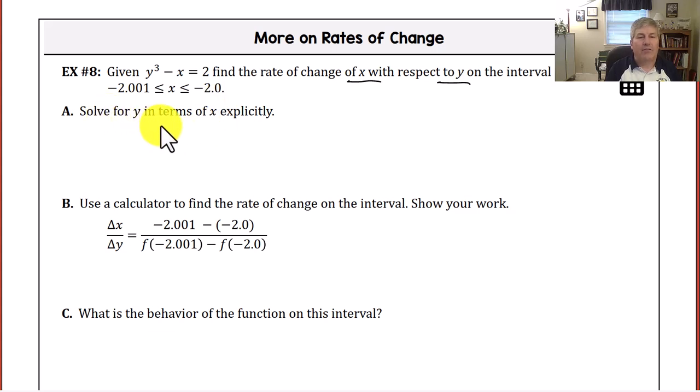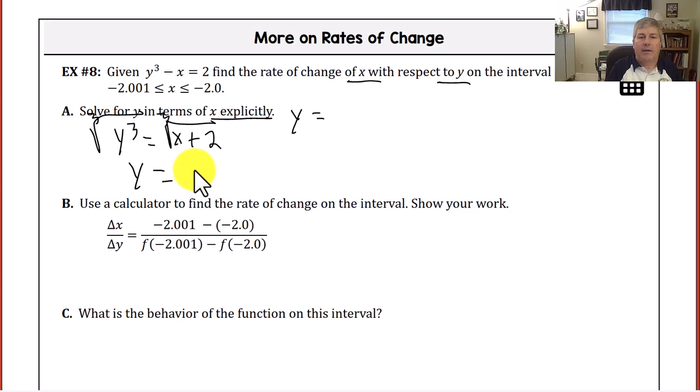So our goal here is to get y equals. So I'm going to add x to both sides. So I get y cubed equals x plus 2. And we'll take the cube root of both sides. So we get y equals the cube root of x plus 2.